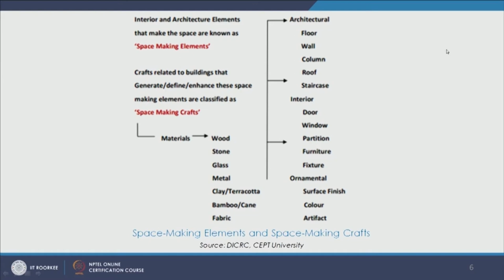These elements could be architectural, like we have a floor, wall, column, roof, staircase. These elements could be at the interior level, like the door, window, partition, some furniture or a fixture, or they could be ornamental, like a surface finish, color or artifact, like an object for decoration. So, this is the list for space making elements and more could be added to these.